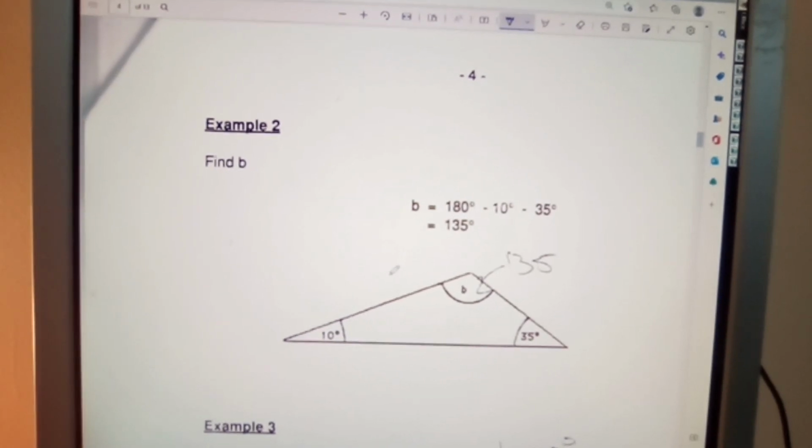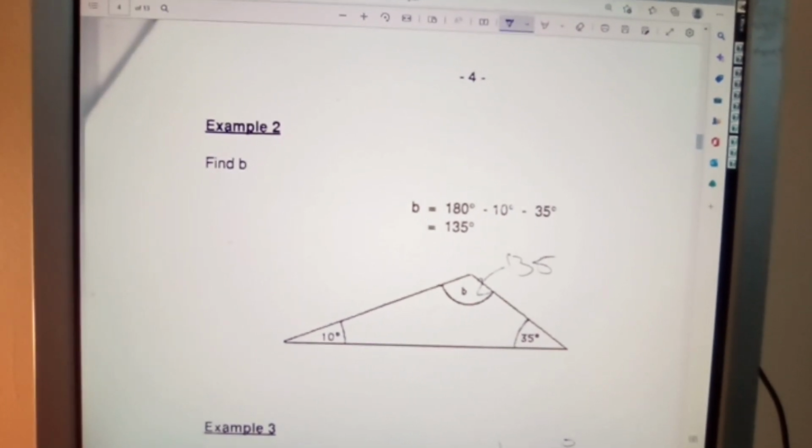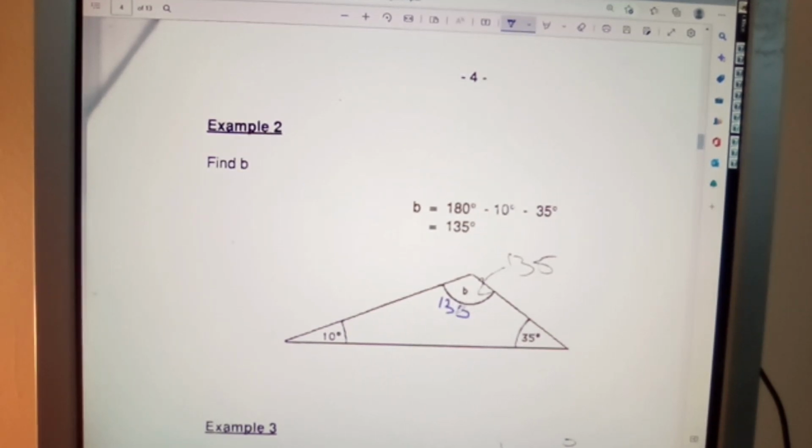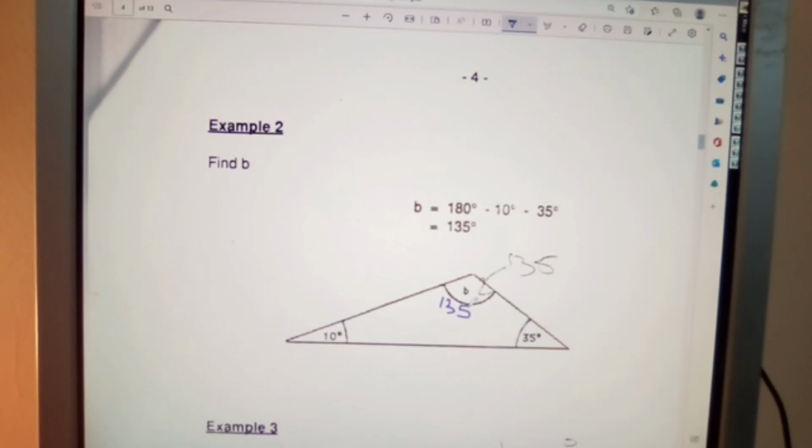So if that is 135, that's now added to that: 135 plus 35, 170, 180. Okay?